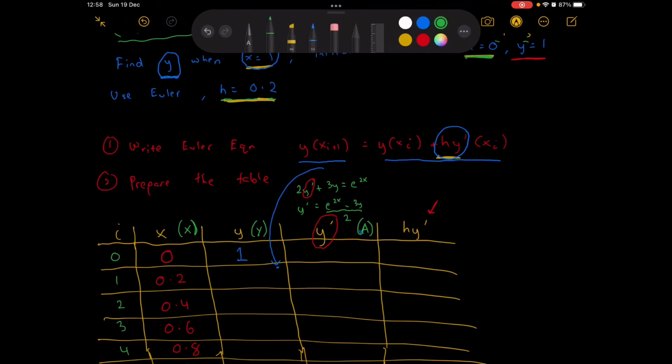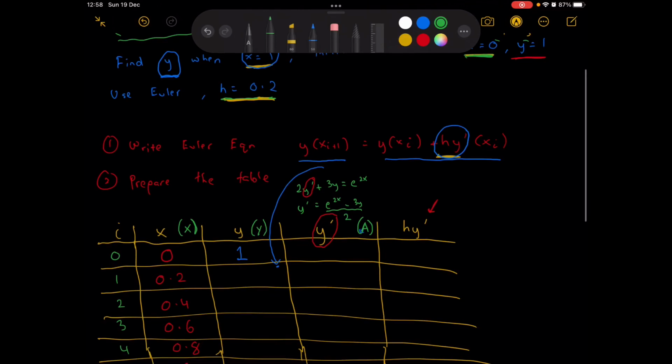In order to complete our table, we need to do it column by column and then row by row.